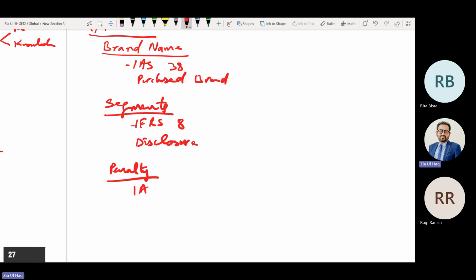For IAS 37, if this notification from government is meeting the 3 conditions of provision, like a present legal or constructive obligation from a past event, probability of future economic outflow, and cost can be measured reliably, then there must be a provision liability in the financial statements. In case of no provision, liabilities and expenses could be understated, because what is the accounting entry for provision?